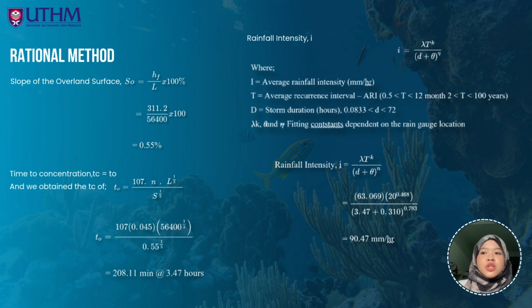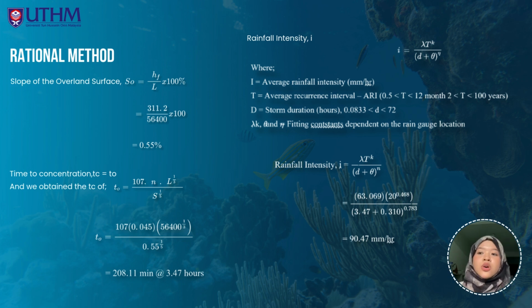So the first step, we need to find the SO, the slope of overlaid surface, and the equation is HF over L multiplied by 100, and the answer we will get for SO is 0.55%. Next, we need to find time of concentration, TC equals TO.